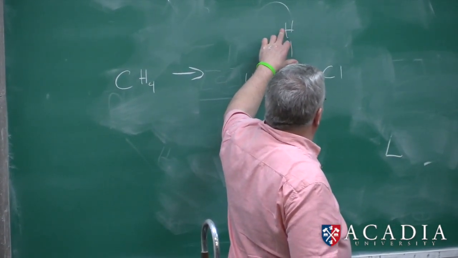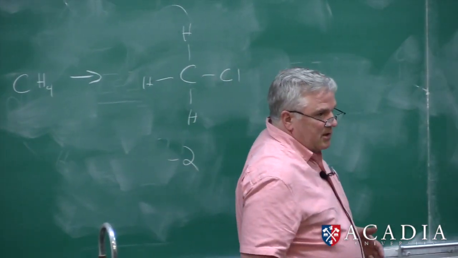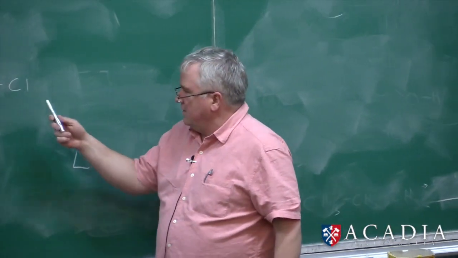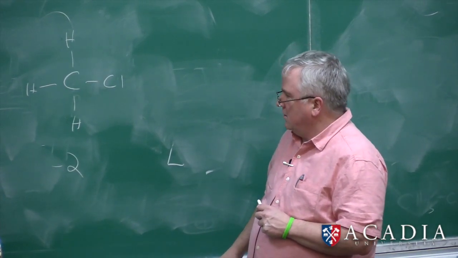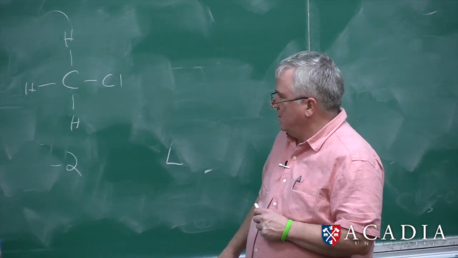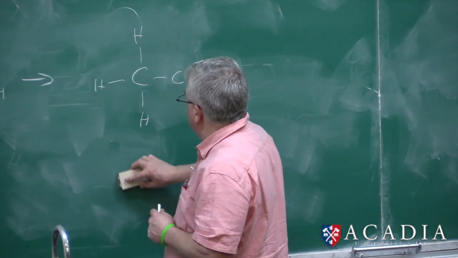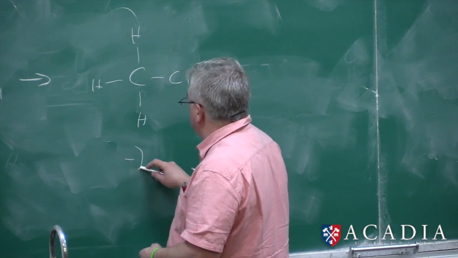That's right, -2. Okay. Why -2? Oxygen's more electronegative than carbon, and chlorine is also more electronegative than carbon. Oh, actually, I'm sorry. Oh yeah, that's right. You're right.